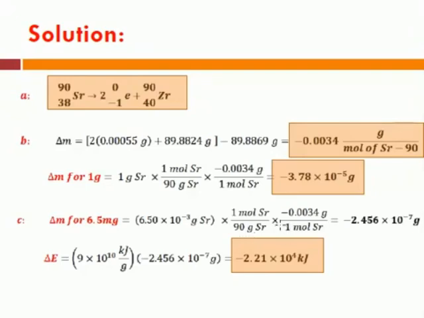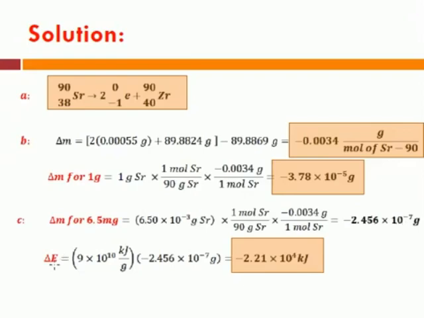Then multiply by negative 0.0034 grams per 1 mole of strontium, cancel this out, and you will get negative 2.456 times 10 raised to negative 7 grams.